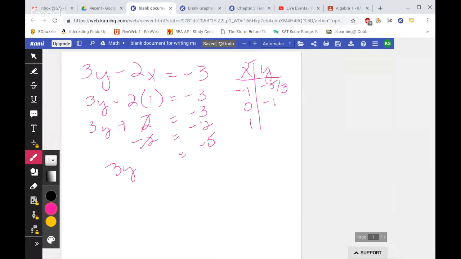I must have done something wrong. Oh, I know what I did wrong. I have to add, oops. This would have been -2, and this would be +2, and this would be -1 divided by 3. So y equals -1/3.